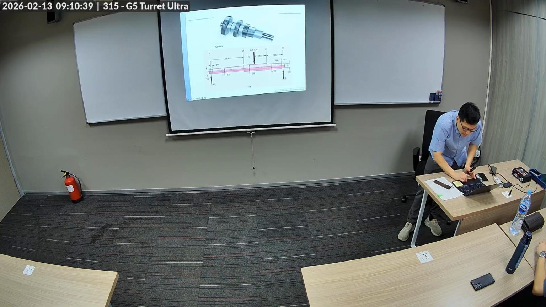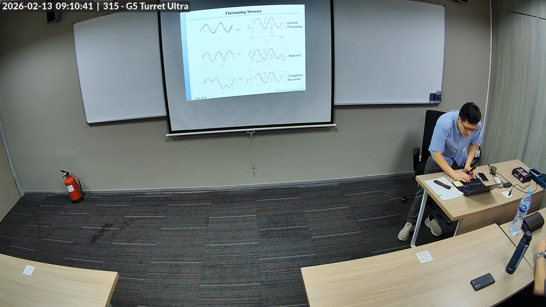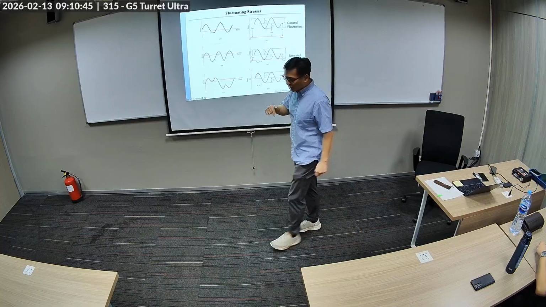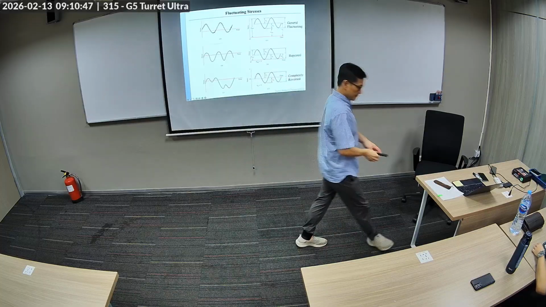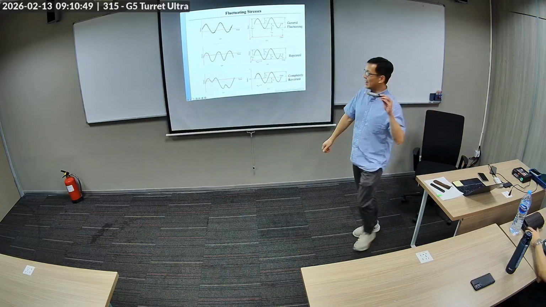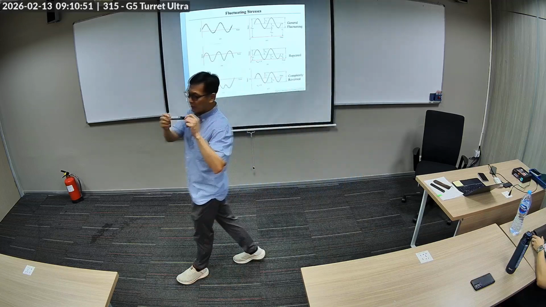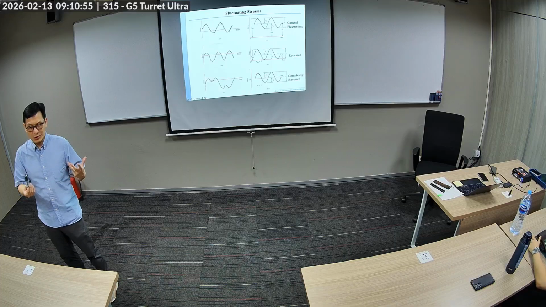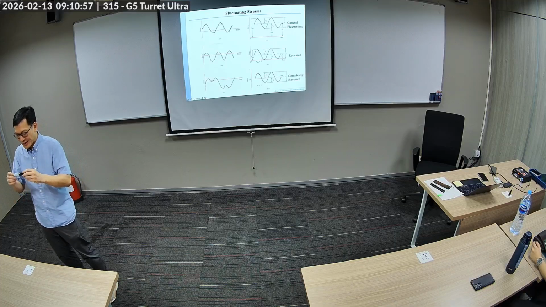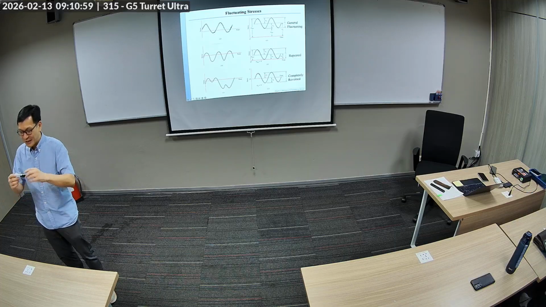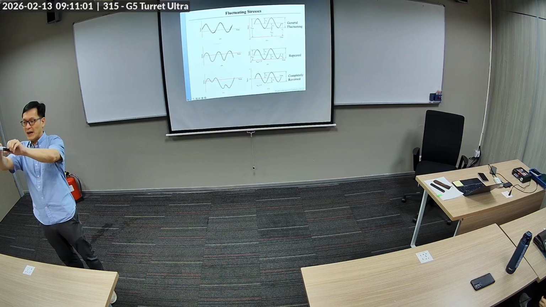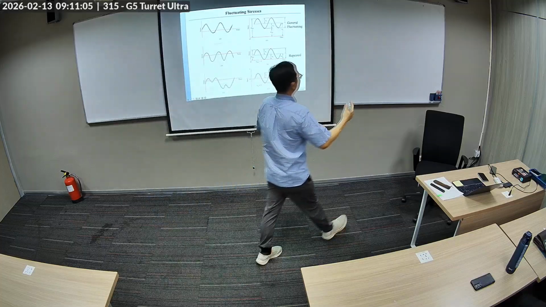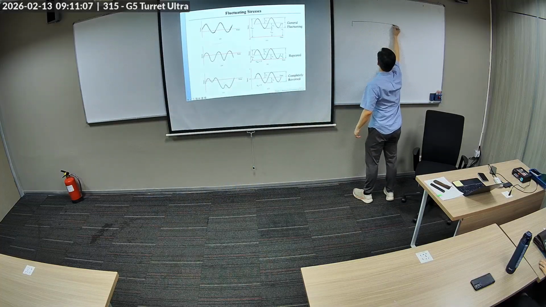Okay, so if you remember what we talked about when you have a rotating shaft. Of course the shaft is rotating, otherwise it's not useful. Otherwise it's just a rod.